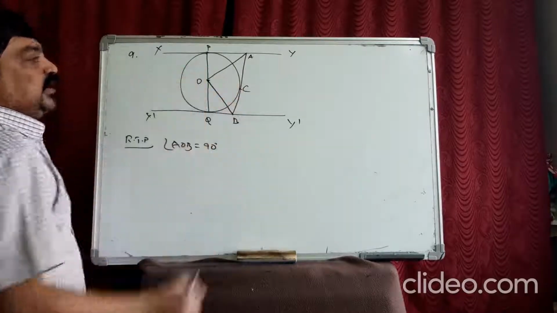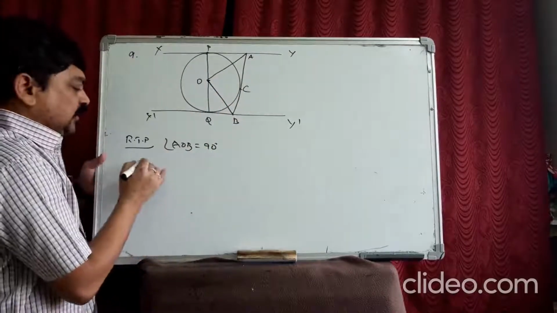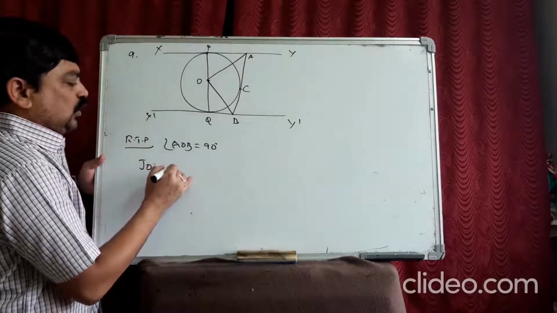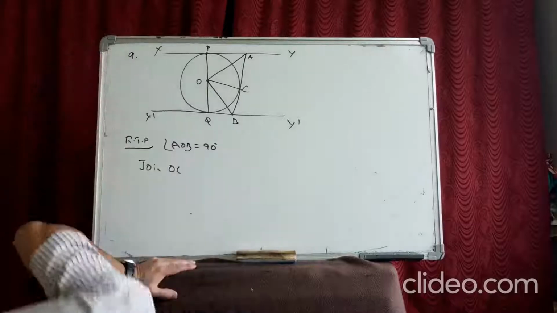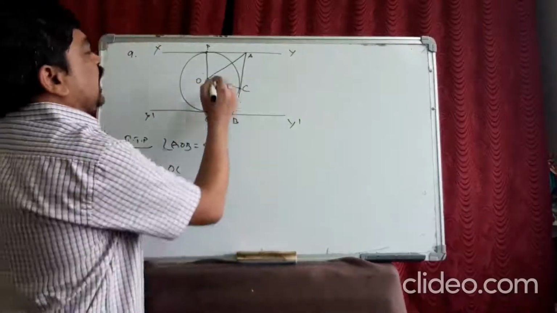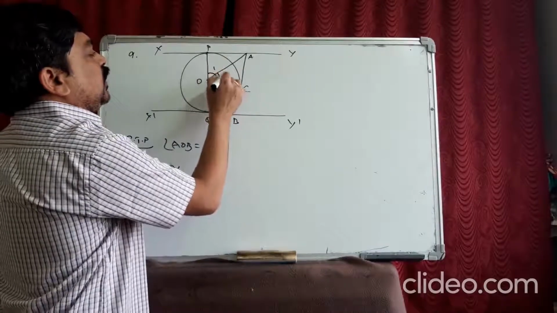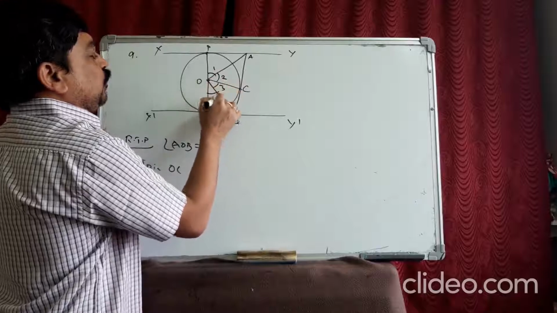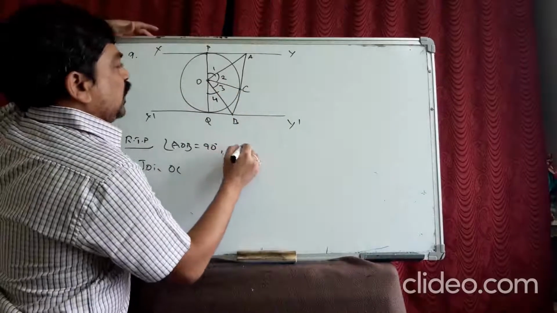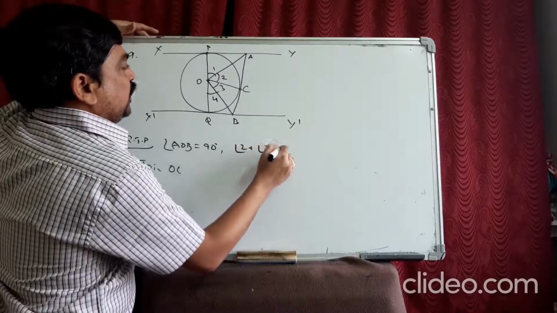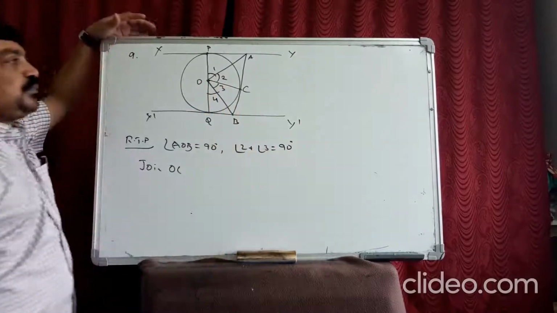Further, a little construction, only one thing, that is to join OC. When we join OC, just mark the angles like 1, 2, 3, 4. So what is your RTP now? Angle 2 plus angle 3 should be equal to 90. That's what we have to prove.